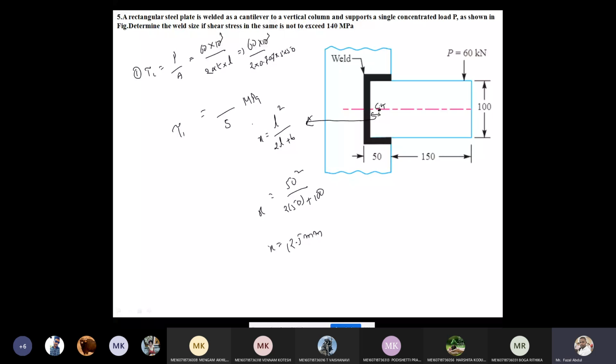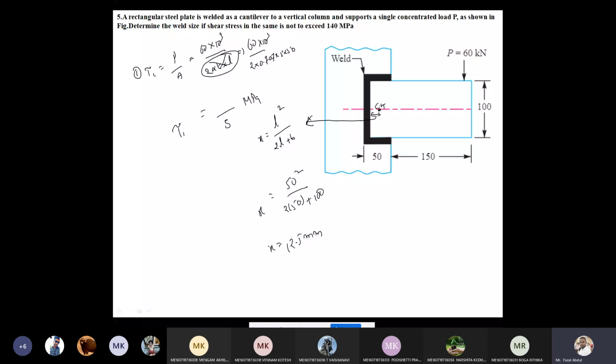So you recheck again, it's not 848. Where you are making a mistake. 60 into 10 to the power of 3. Okay. Here I made one mistake. What is the area here? Failure area, not this one.